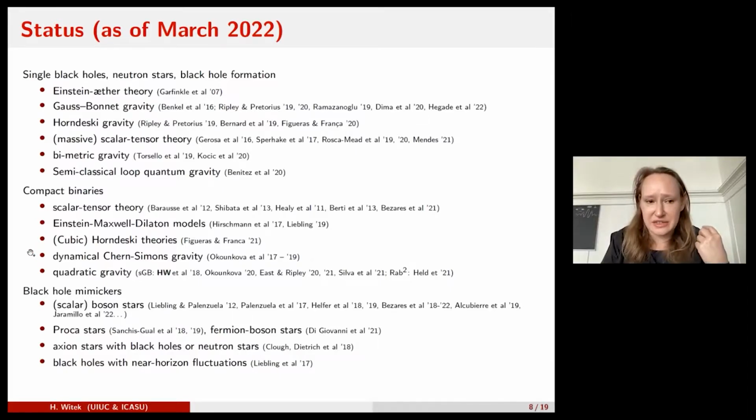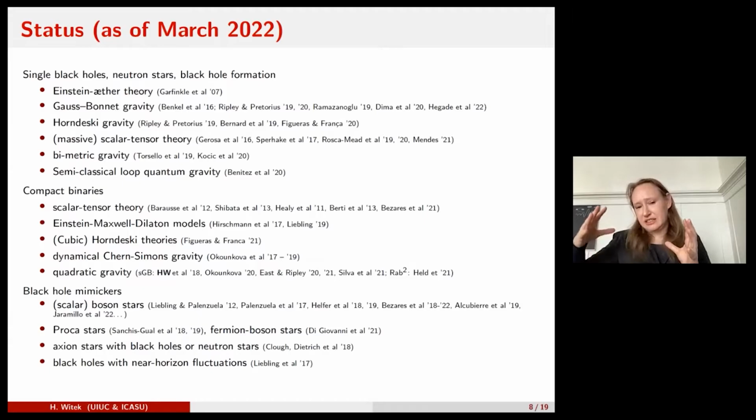The second set of examples will fall into this class here, which I would combine as quadratic gravity. So one will be dynamical Chern-Simons gravity, one is scalar Gauss-Bonnet gravity, where until quite recently, people mostly worked in an expansion in a series, where you treat GR as your leading order, and you have a higher curvature correction, and you make that kind of effective field theory formulation explicit.